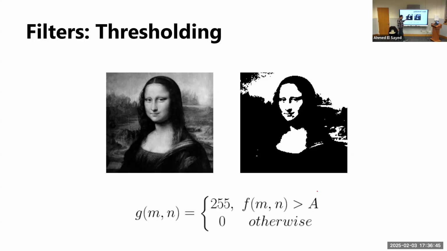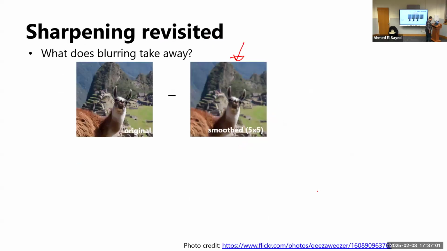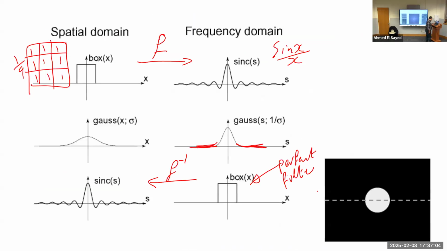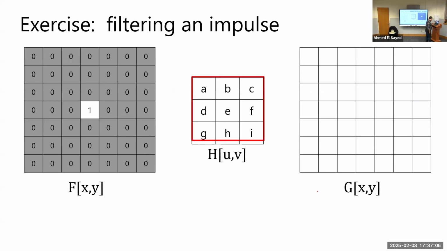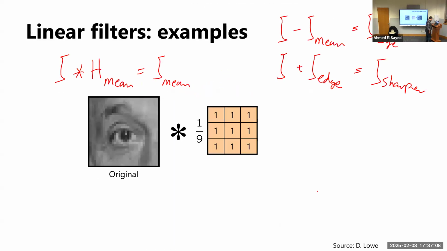Now, is this technique considered a linear filter? We learned about the linear filter at the beginning when we studied the convolution process, right? Let me give you the definition back.